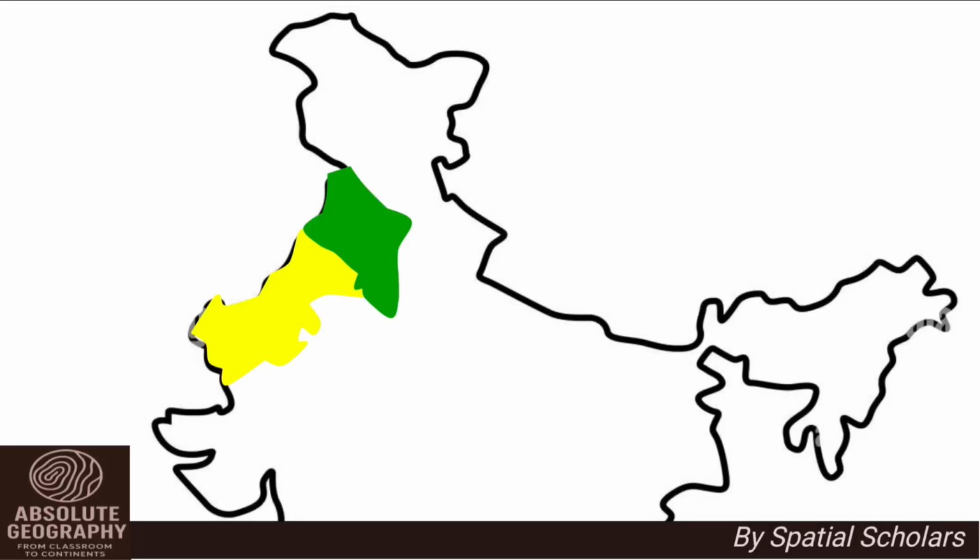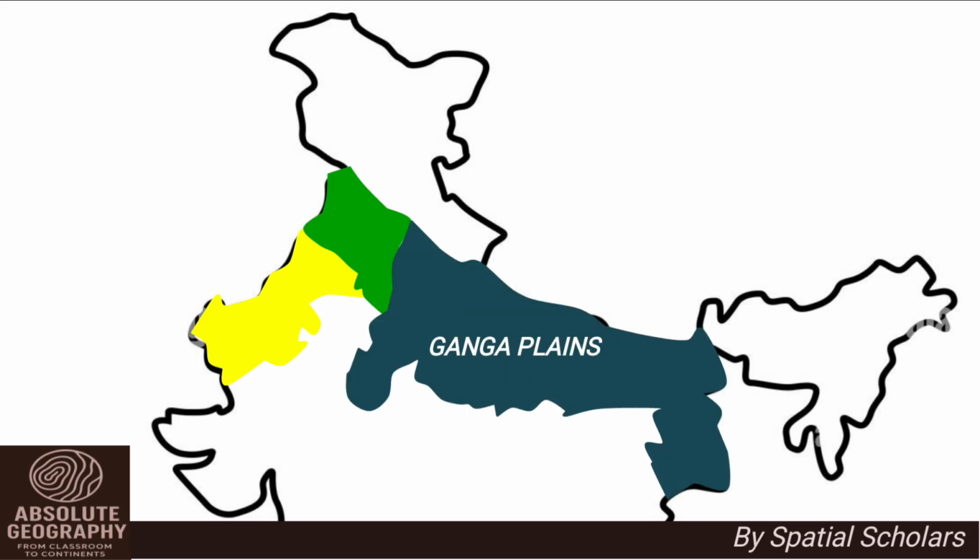Further east lies the Ganga Plain, extending across Uttar Pradesh, Bihar, and West Bengal. Its deltaic portion extends into Bangladesh. This plain has been formed by the depositional work of the Ganga and its tributaries such as Yamuna, Ghagra, Gandak, and Kosi.